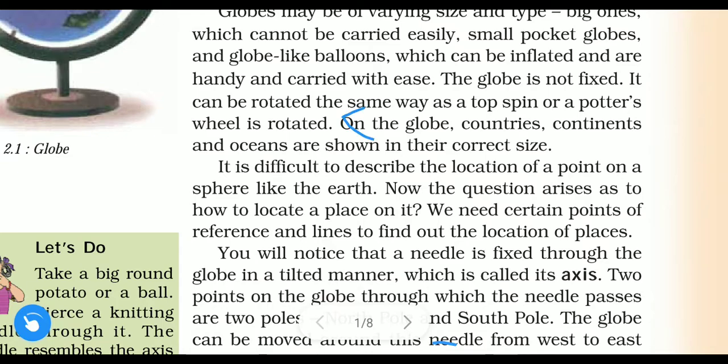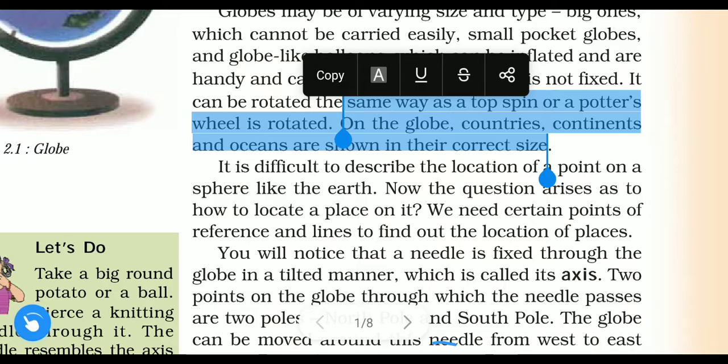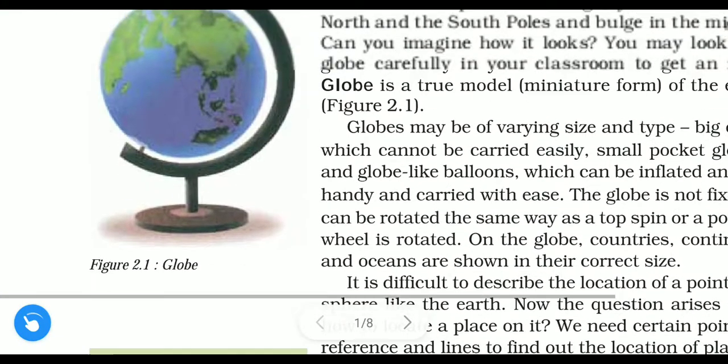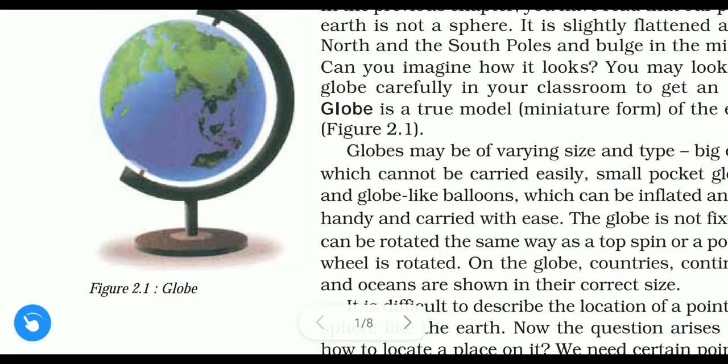On the globe, countries, continents and oceans are shown in their correct size. If you see here, maps are shown. So on the globe all information is given in detail, with continents and oceans shown in their correct sizes.